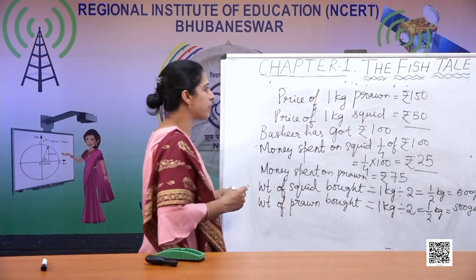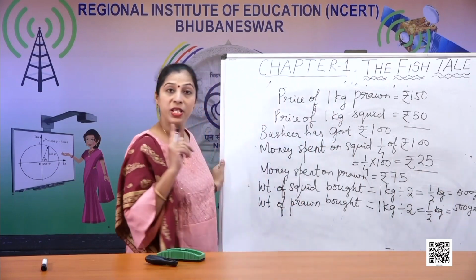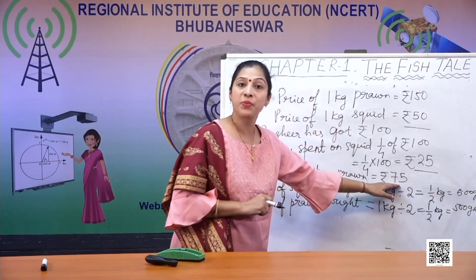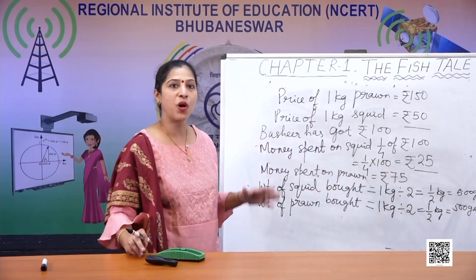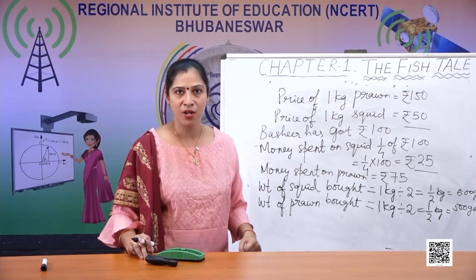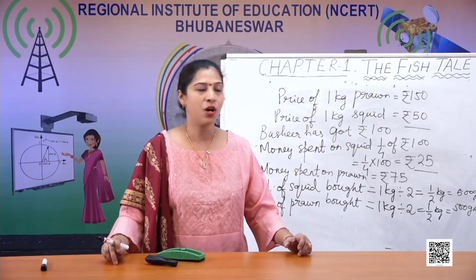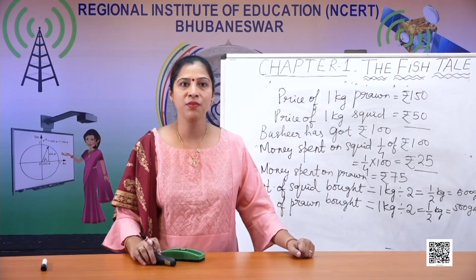So now you understood he has got 500 grams of squid for rupees 25 and 500 grams of prawn for rupees 75. Understood? So he got 0.5 kilogram of squid and 0.5 kilogram of prawns. Generally we don't say 0.5, we say half a kilogram or maybe 500 gram of prawns and 500 grams of squid.